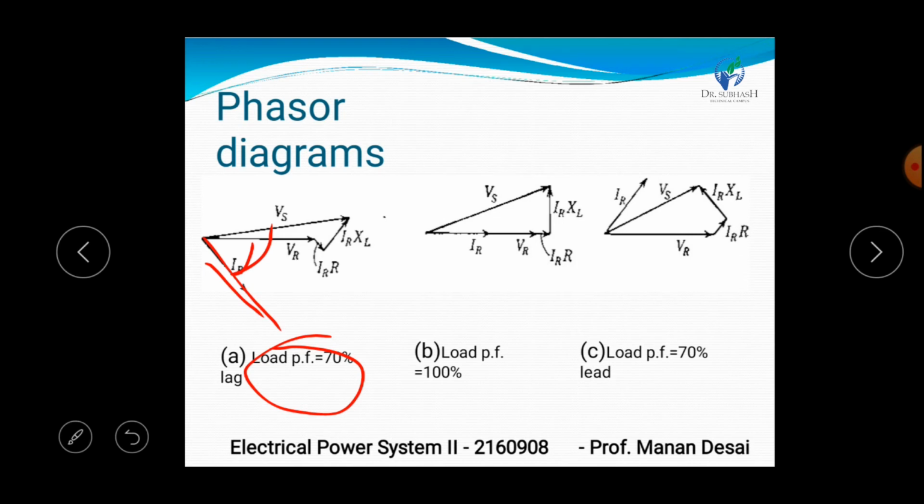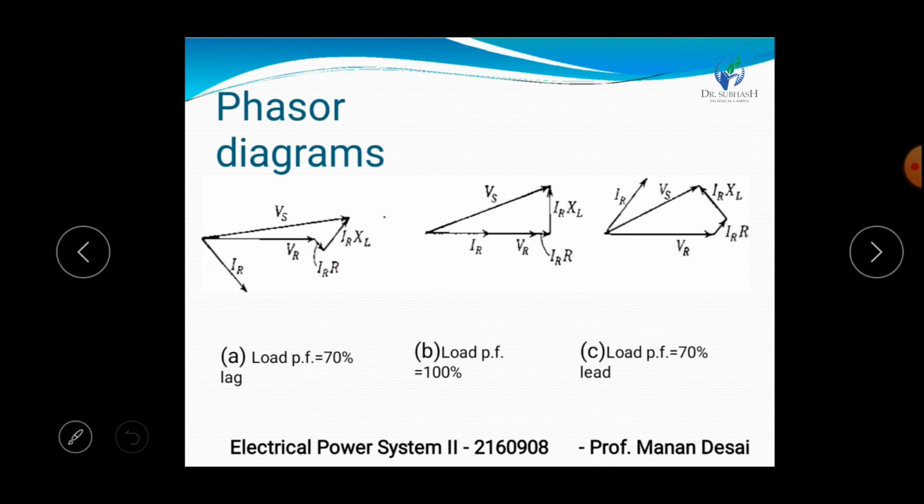The voltage drop in the resistance is IR, in phase with the current, and hence drawn parallel to the receiving end current IR.